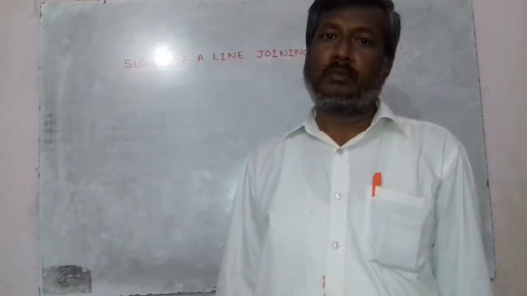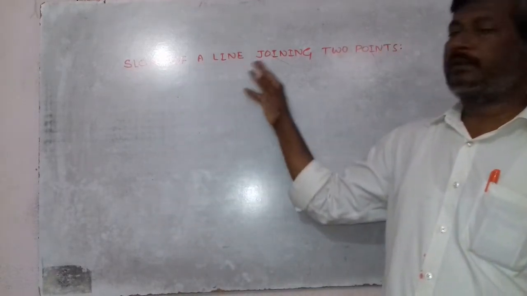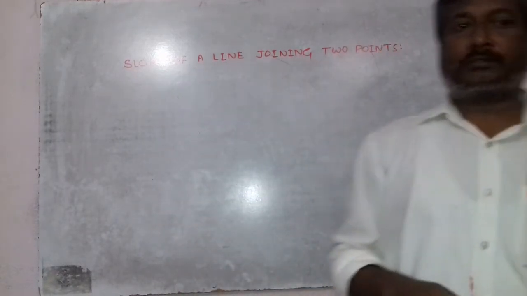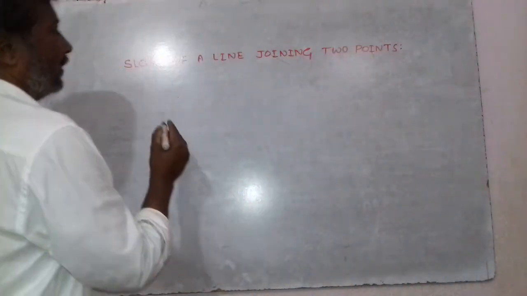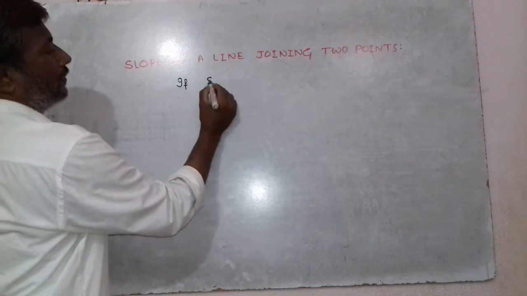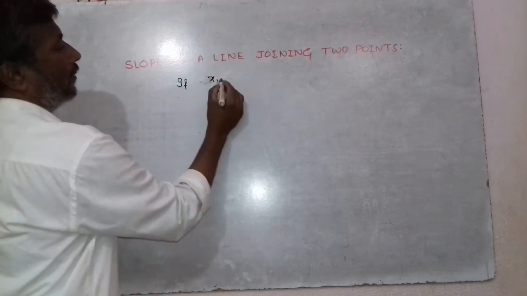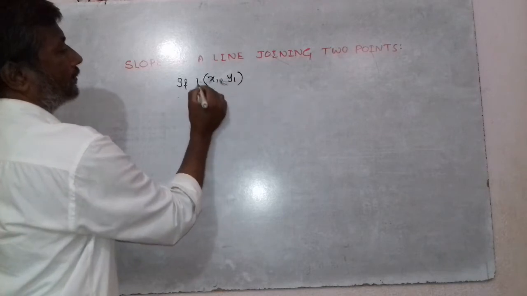Now coming to the slope of a line joining two points.